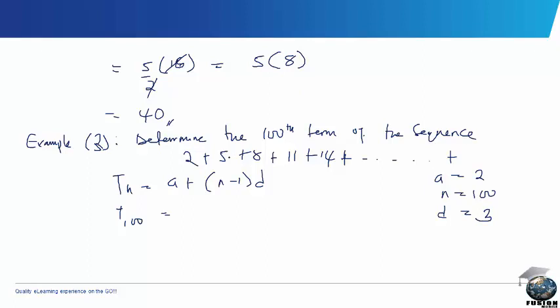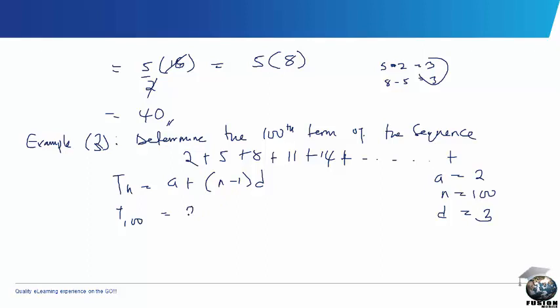The difference is the difference between each number in the sequence. Just like the difference between 5 and 2 is 3. The difference between 8 and 5 is 3. So you see the difference continues in that manner till the 100th term.